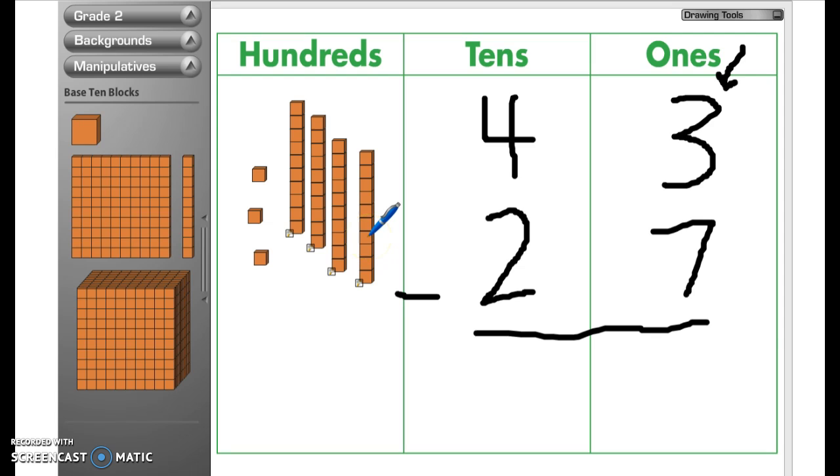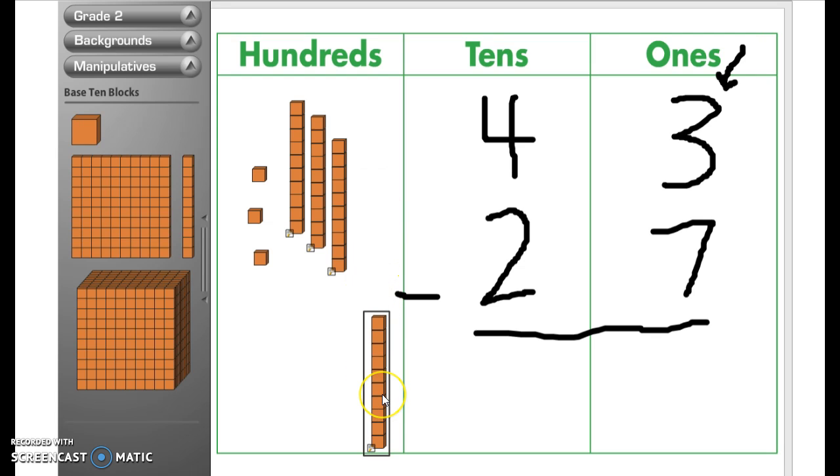So what we're going to do is we're going to have to regroup. As you can see here, where we have a 10, we're going to have to regroup that 10 for 10 ones. Unfortunately, I'm unable to break this apart, or I would just break this apart into 10 ones. But we're going to delete that 10, and we're going to bring over 10 ones in its place. So we've regrouped a 10 for 10 ones.